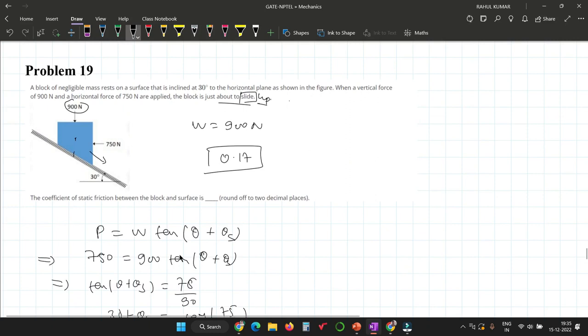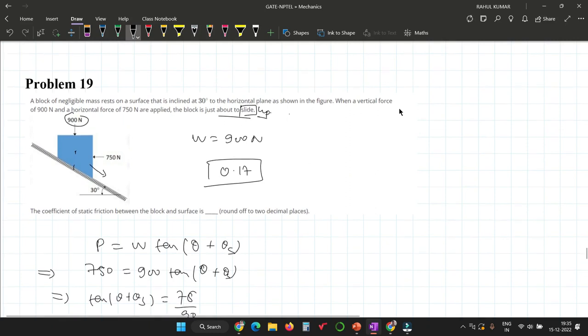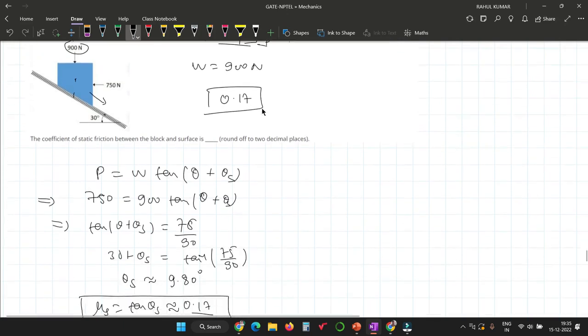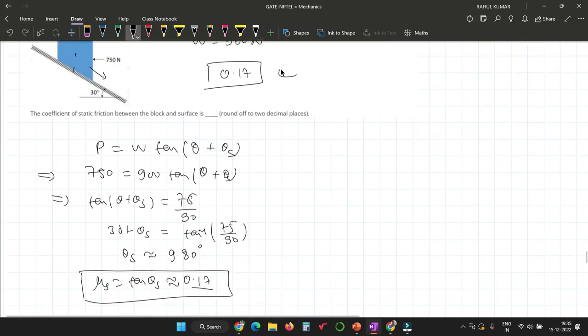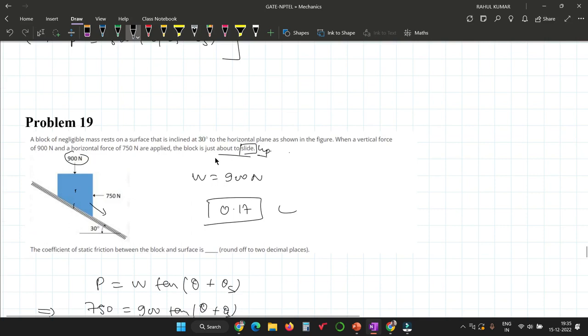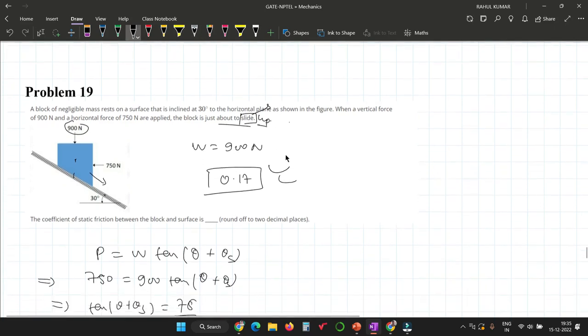So in my opinion, the question must be for sliding up, and for that situation we will get this answer. But the statement is ambiguous, that's why we are not getting the correct answer. If they had mentioned the block is just about to slide up, we would get this answer, but they have not disclosed this point.